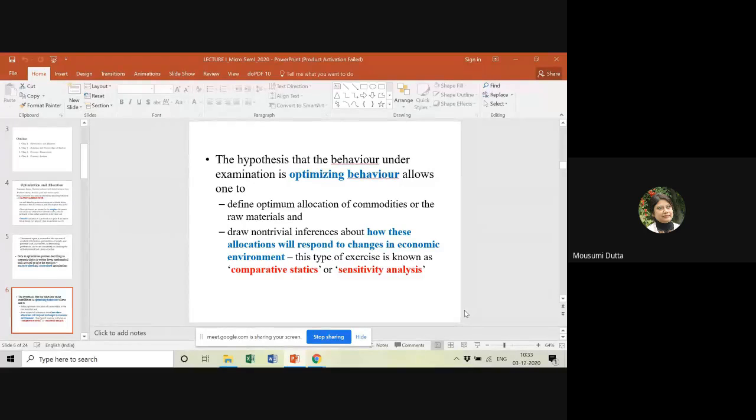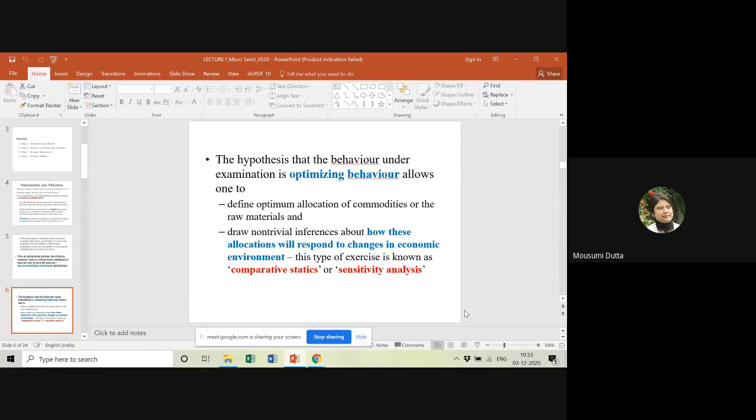The hypothesis that the behavior under examination is optimizing behavior allows one. Why are we optimizing? The question is why we are optimizing. We are optimizing our behavior to define the optimum allocation of commodities or raw materials. Now, if you are a producer, you have limited land, limited investable capacity, that is limited capital, limited raw materials.